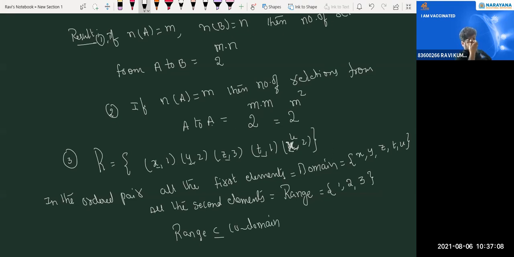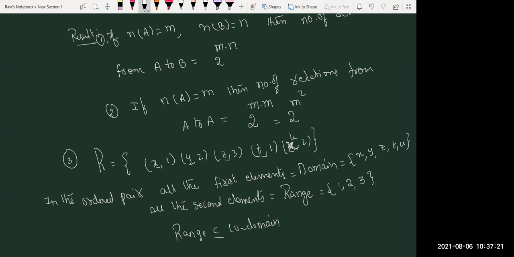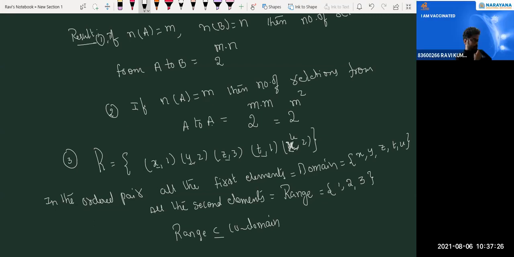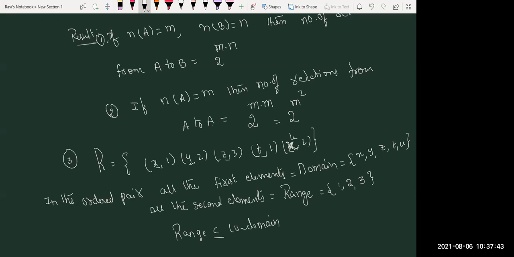Range is a subset of codomain. Finish writing this page. Shall I go to the next page? Yes, sir.